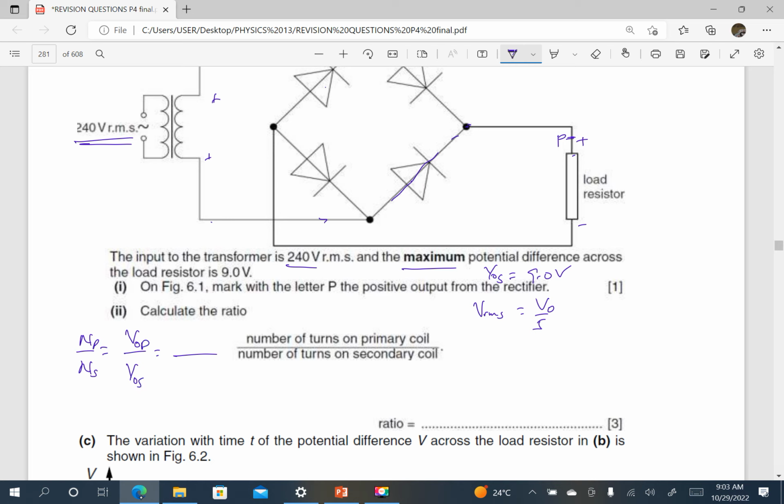For the primary, since they gave us root mean square, the peak is going to be root 2 times the root mean square, which is 240, divided by the peak of the secondary, which is 9.0. Then I press my calculator. So the ratio they are looking for is approximately 38.